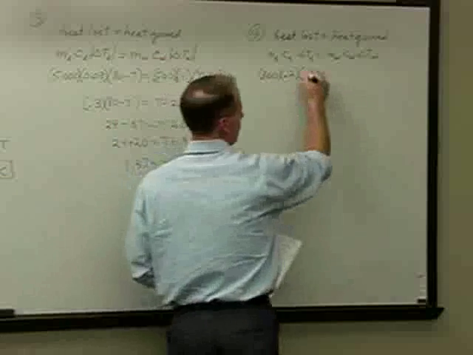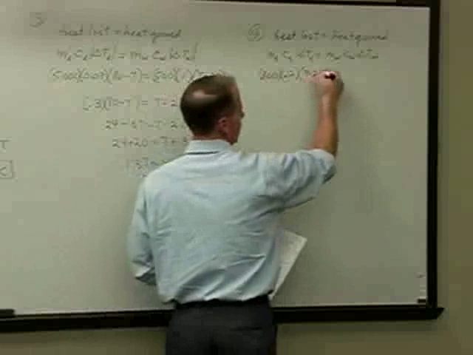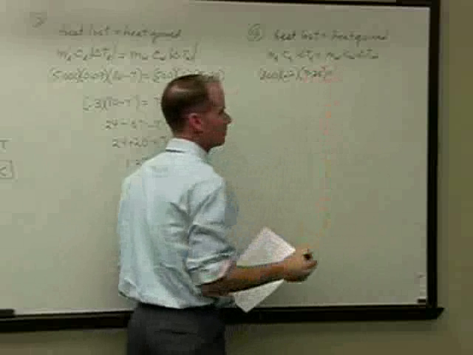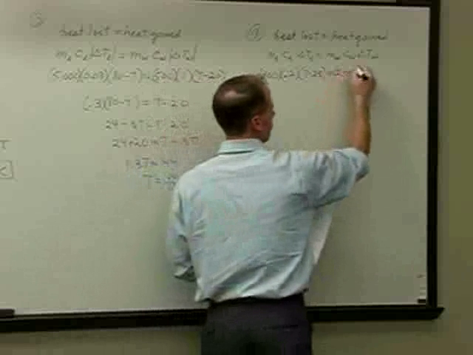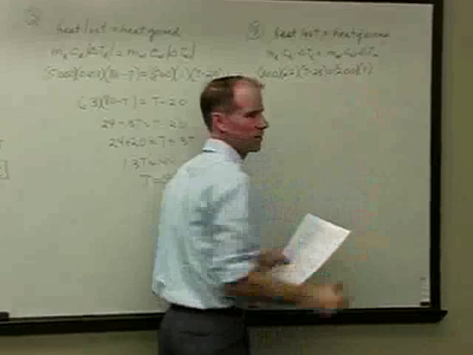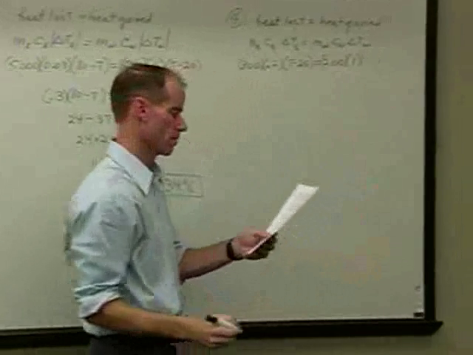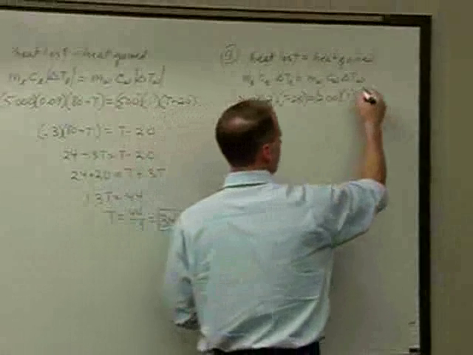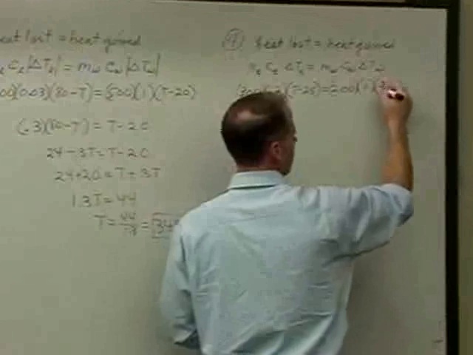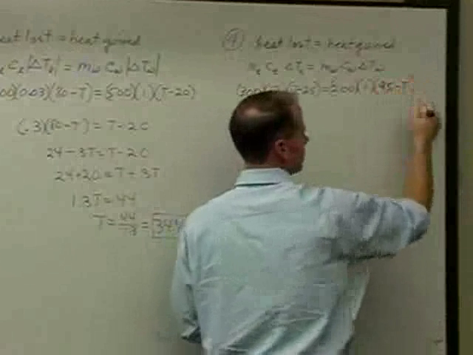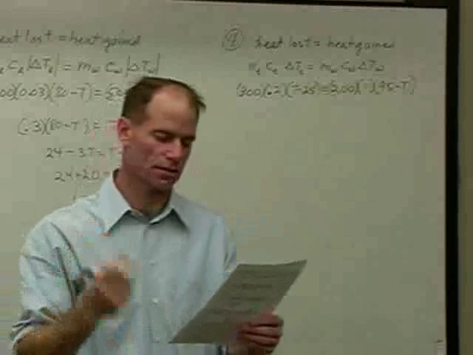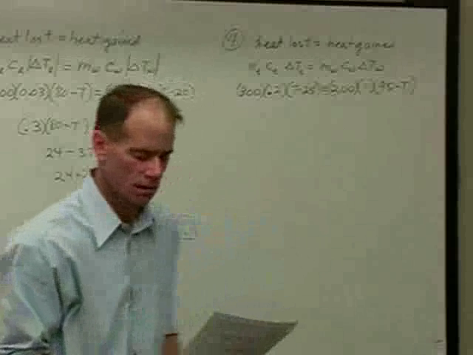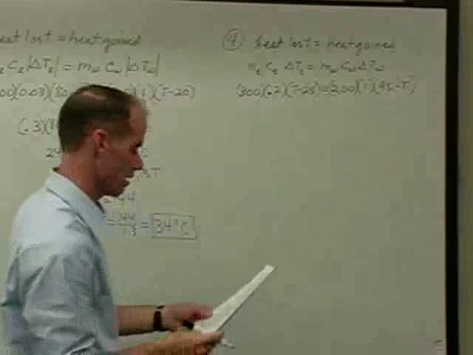So this will be that final temperature minus 25. And that'll be equal to the mass of the water, which is 200, the specific heat of water, which is 1 by definition. And then it started at 95 degrees Celsius minus our final temperature. So that'll be its temperature change. So we solve this for T, we'll get our answer.